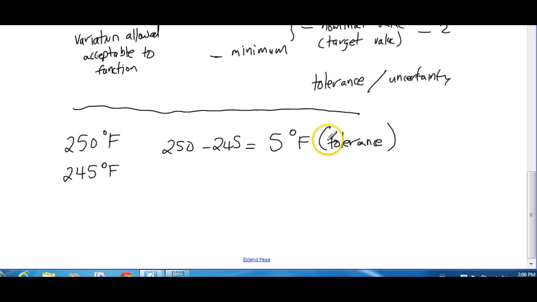So that is our tolerance of 5 degrees. So let's just write this tolerance of 5 degrees down in the 4 forms that are found on the bottom of page 94 of your workbook. So we can look at it from the perspective of just a maximum value and a minimum value. So we'll call this number 1. This is the first way, from the maximum value and a minimum value.